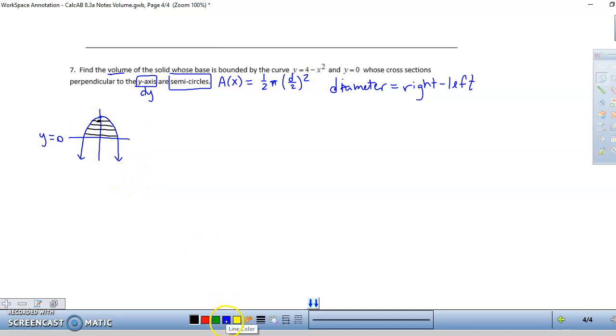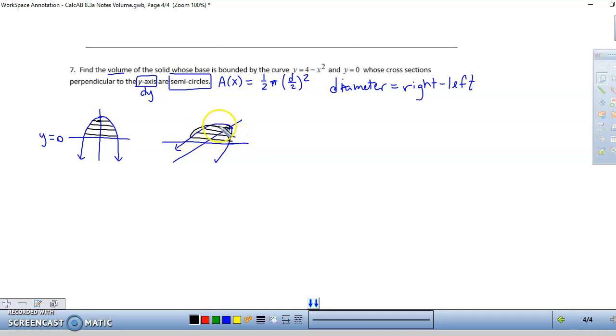Okay, if we were to try and draw this three-dimensionally, because I think it might be helpful. So we start at 4, we do our parabola down this way, and again, we're looking at putting the semicircles this direction. So if you try to draw the actual semicircles, you go like this, and then they would sort of slowly get smaller and smaller as you go back towards that 4.